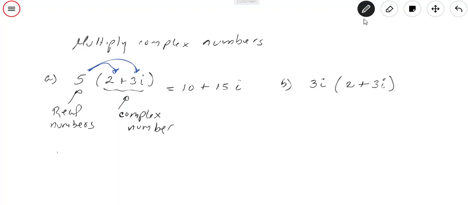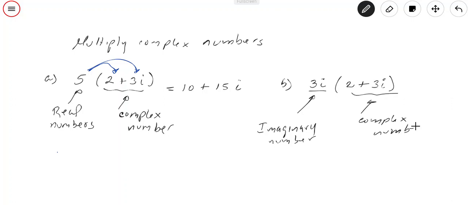As you see, this is an imaginary number or an imaginary part, and this is a complex number with real and imaginary part. So I'm going to multiply here 3i times 2 and 3i times 3i.